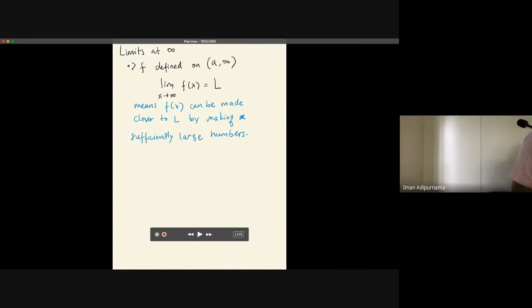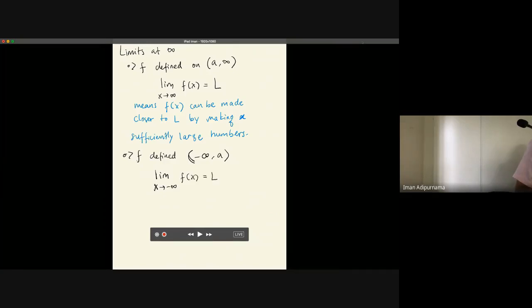And also, if your function is defined on the interval from negative infinity until some number a, you can also have the limit as x approaching negative infinity of f of x.